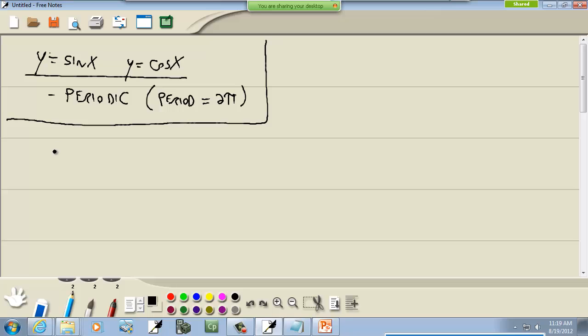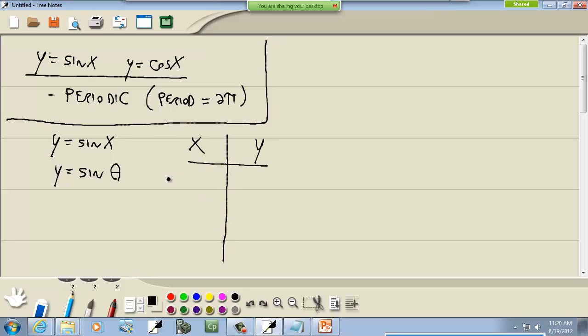We're going to graph y is equal to sine x. But how we want to think of this is we want to think of it as y is equal to sine theta. And we're going to build a t-chart like this.